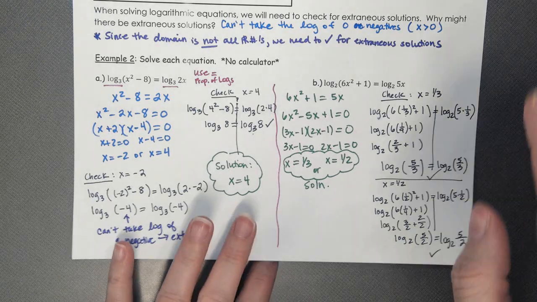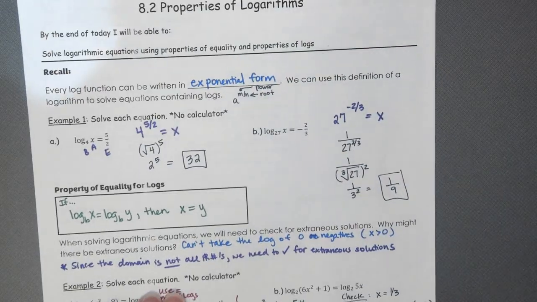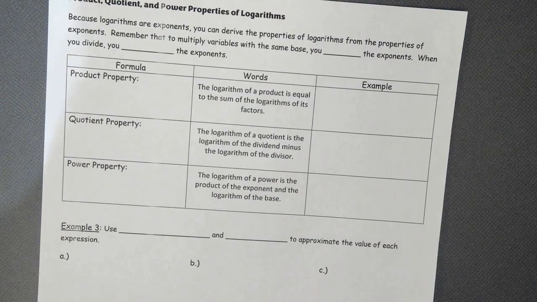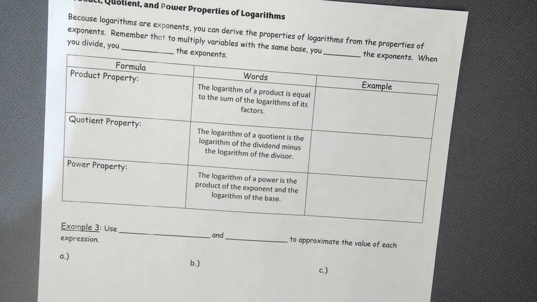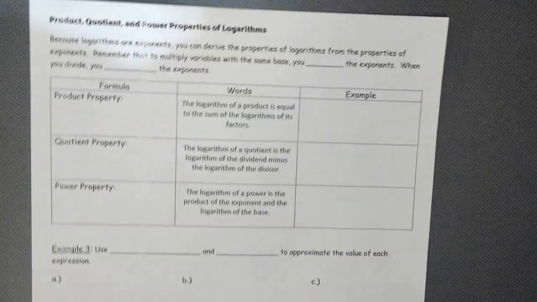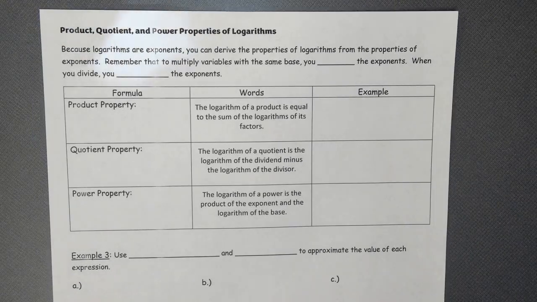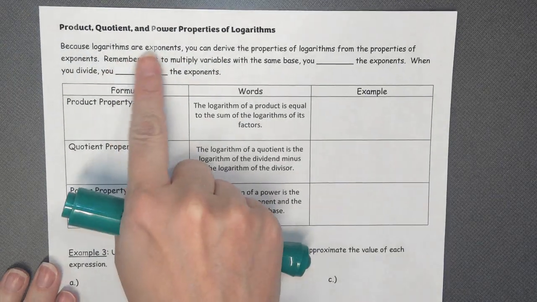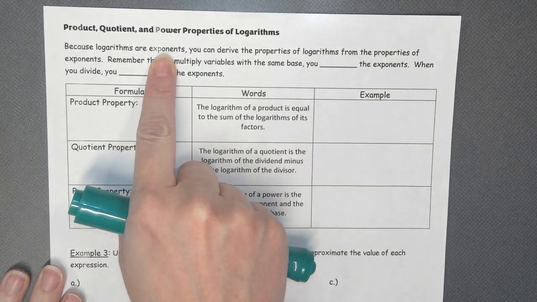Alright, the back side is going to feel very new because you're going to be learning some new properties. The good news is that these are derived from properties we already know. So remember that logarithms have a relationship with exponents.